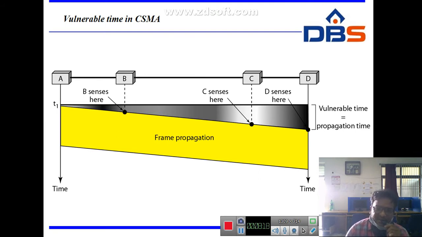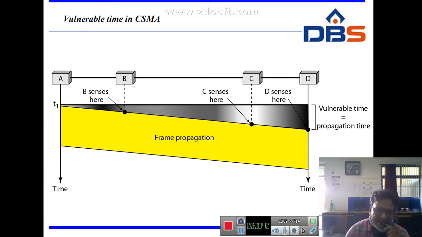To avoid that, in CSMA we mainly use sense before transmit, or listen before talk. Based on that principle, collisions can be avoided in carrier sense multiple access.